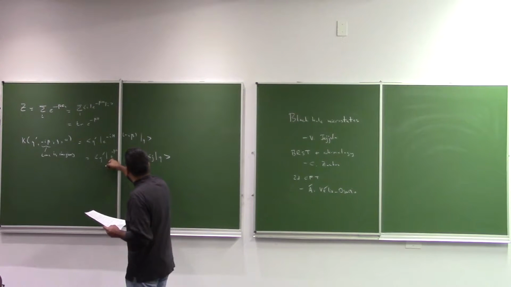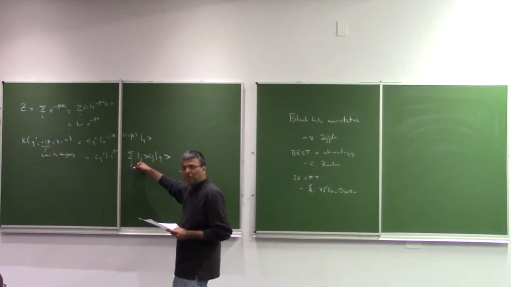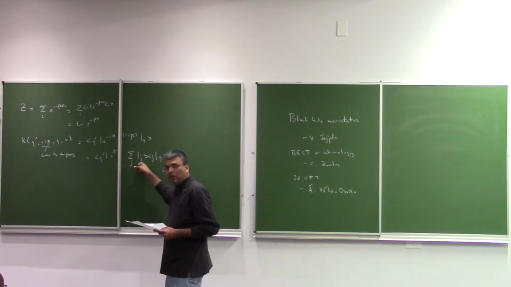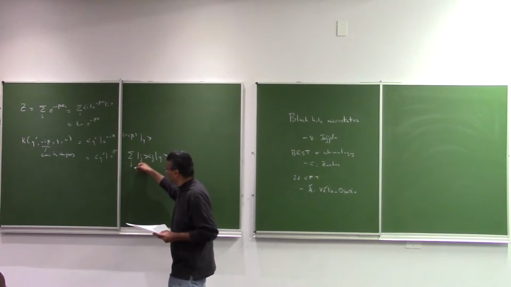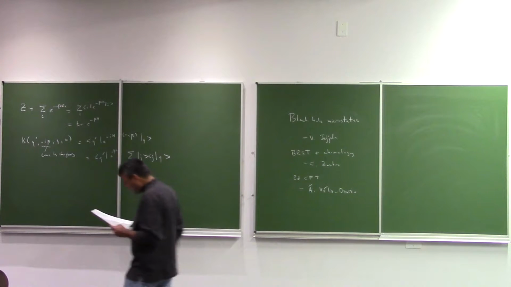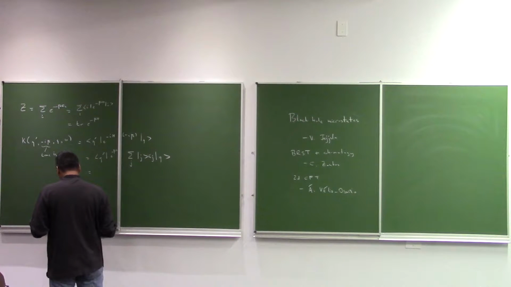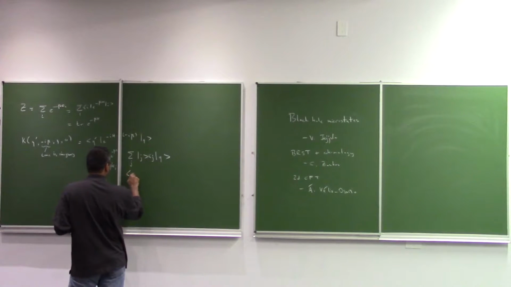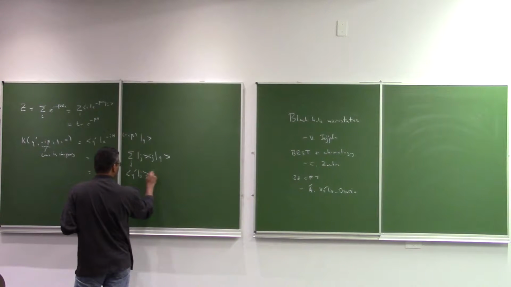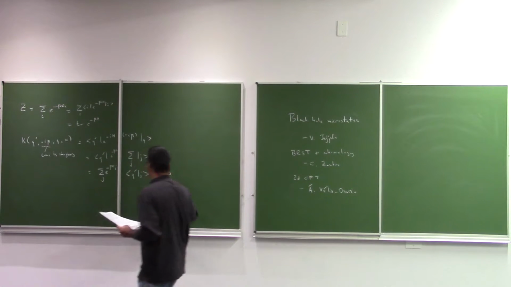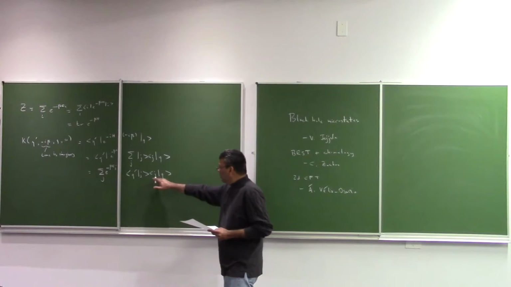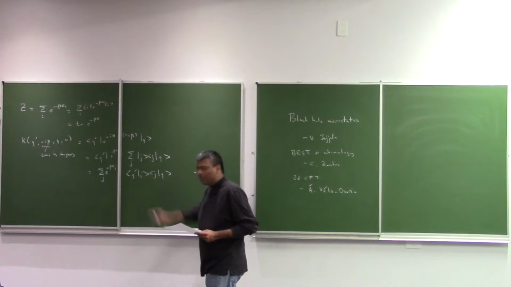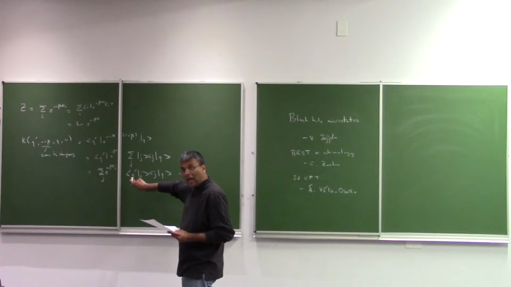And e to the minus beta H extracts the jth eigenvalue for the energy when it hits this, because I'm looking at a complete energy eigenbasis. So this equals sum on j, e to the minus beta E_j, <q prime|j><j|q>. Okay? These are just numbers, and I can flip the order at will.